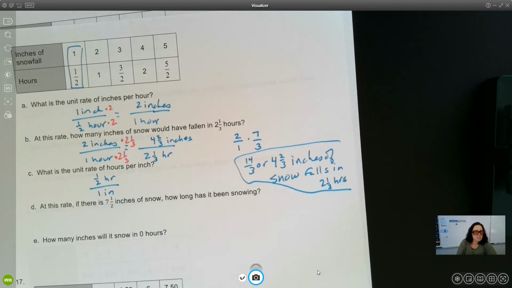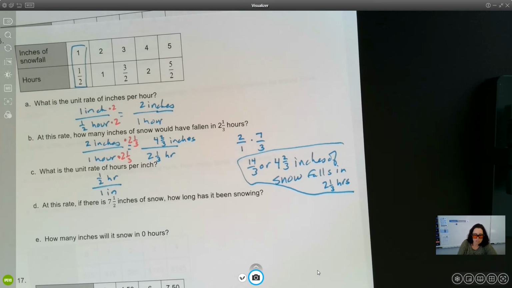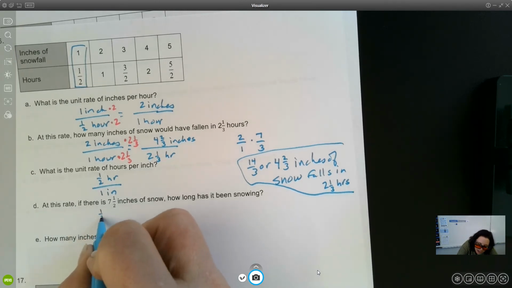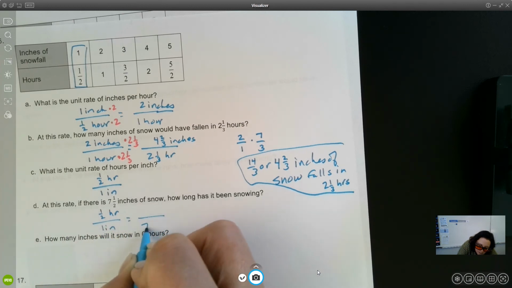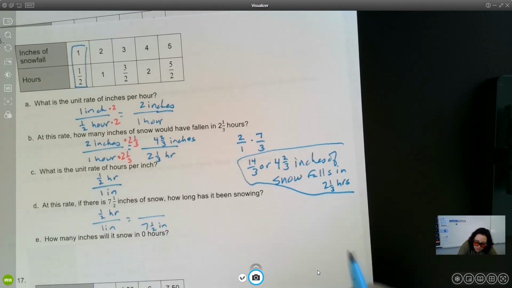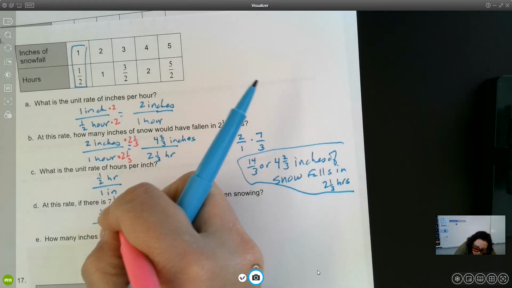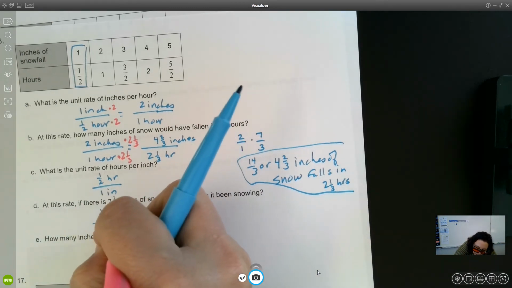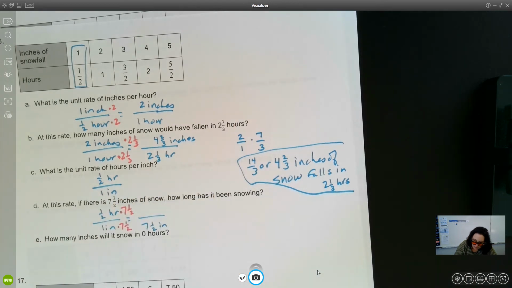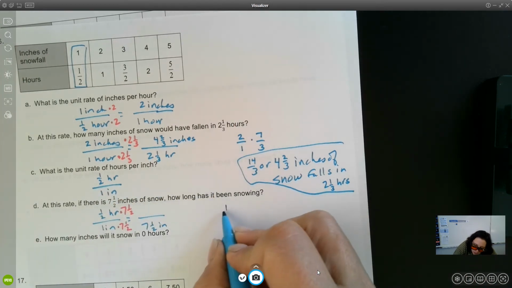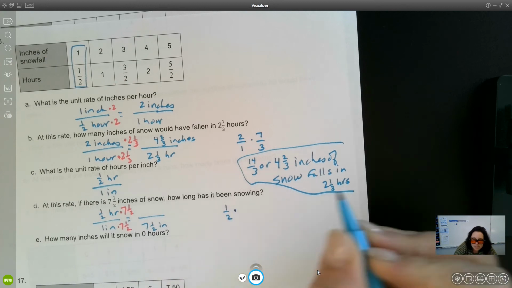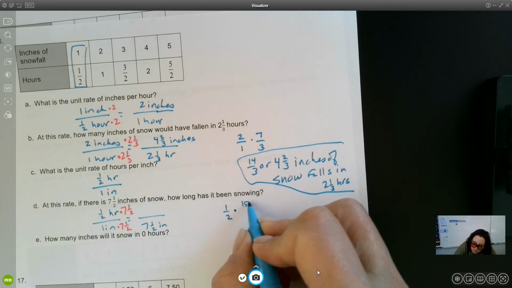At this rate, if there is 7.5 inches of snow, how long has it been snowing? All right, so if I have half of an hour for 1 inch and I want 7.5 inches, aren't I multiplying the top and bottom by 7.5? Multiply by 7.5. All right, so off to the side here, a half times 7.5 would be 15 halves.